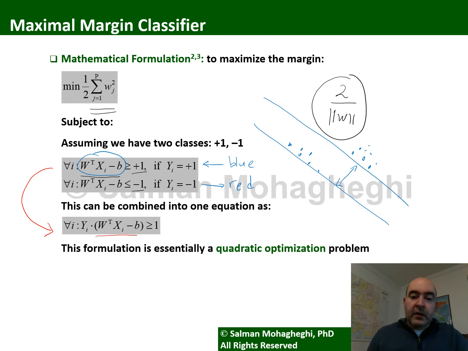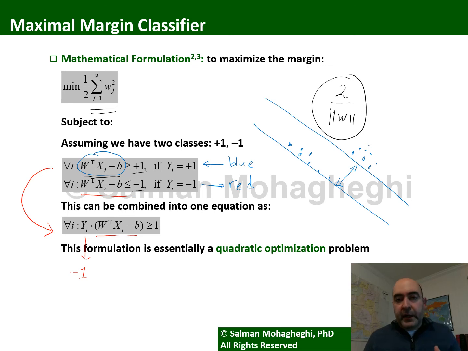Absolutely. Take a look at observations belonging to class blue. For them, yi is going to be +1. So that means this term has to be greater than 1, which is exactly what I have here. How about class red? This is going to be -1. So -1 times this term is going to be greater than 1, meaning that this term is going to be less than -1, which is exactly the equation that I have here.